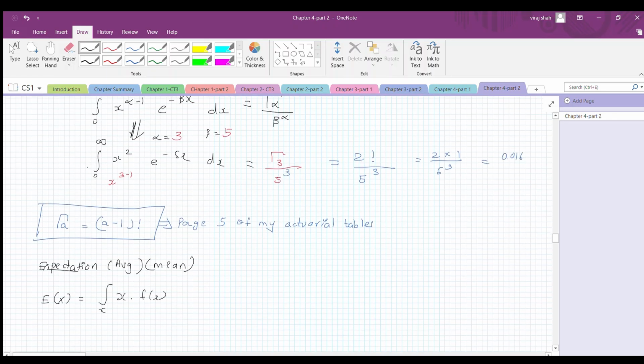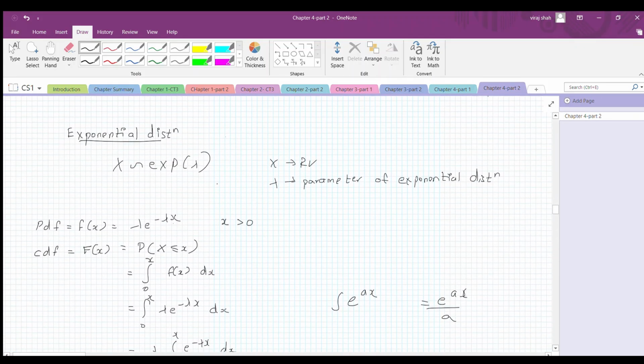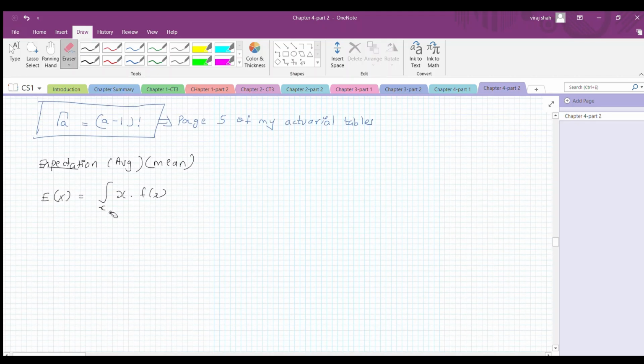As I stated above, if you forgot, my values for exponential distribution are nothing but greater than 0. So I can say that my minimum value would be 0 and my maximum value is nothing but infinity. Okay.